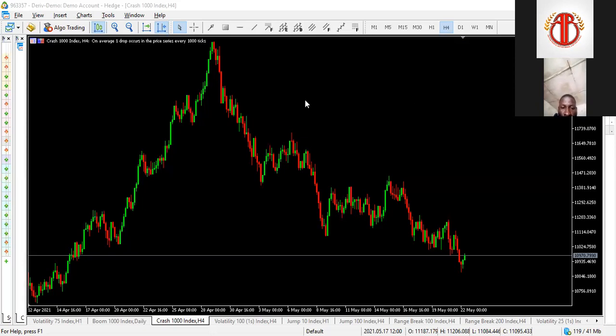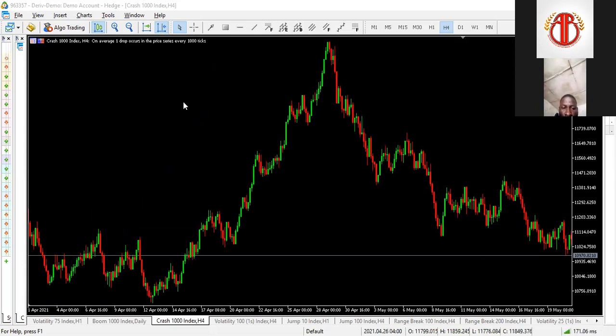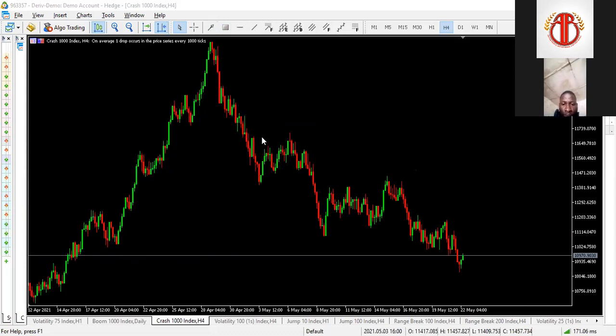All right, so I'm going to quickly recap what we looked into over the course of the last session. During the last session, we were talking about market structure. One of the core understandings that I believe I was able to drive into us is the fact that the market does not make all its moves at a stretch.